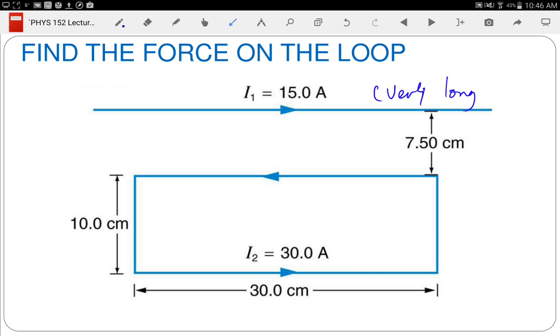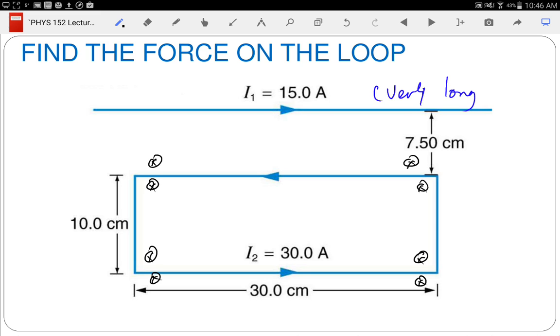The field will be into the page because you make your thumb point the direction of the current. Down below, it's going into, in this case, the screen. And so that defines the direction. So my magnetic field down below is going to be, change back to the pen, change to a black pen. That's enough. Magnetic field is into the board or into the screen.